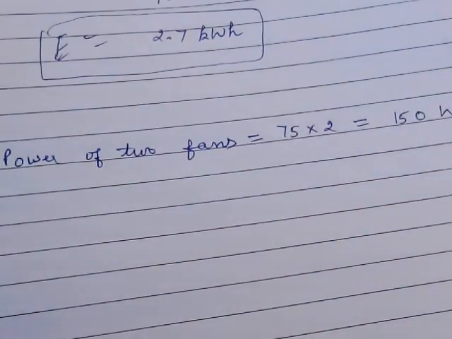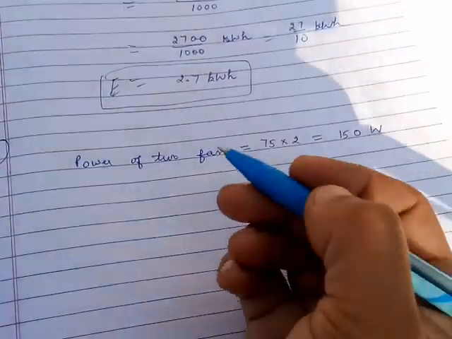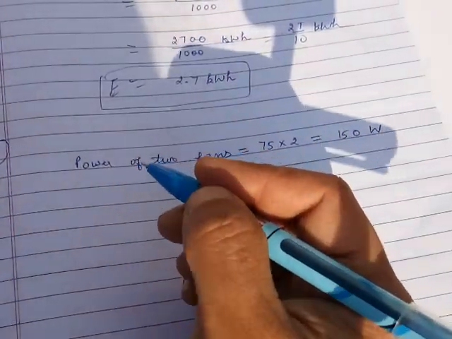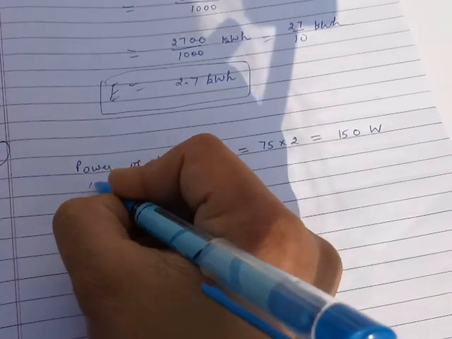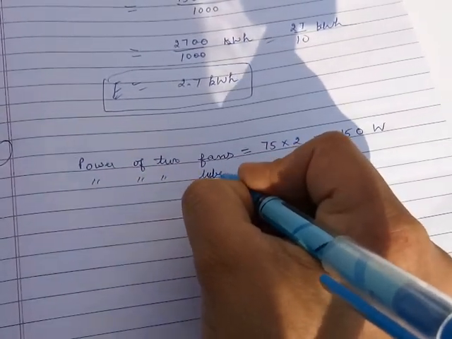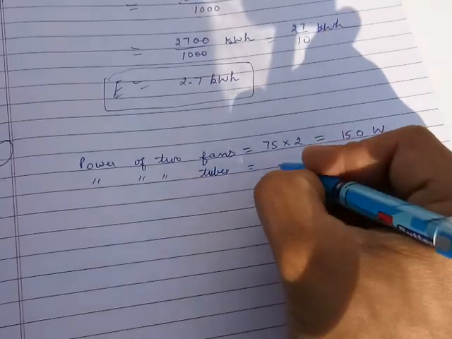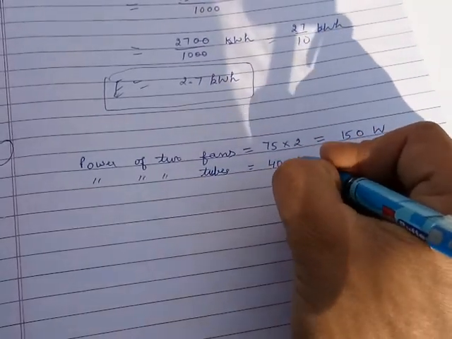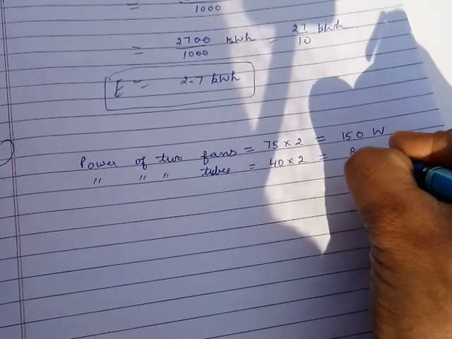Okay, second is 2 tubes, power of two tubes is equal to 40 watt each. It means 40 into 2 is equal to 80 watt.